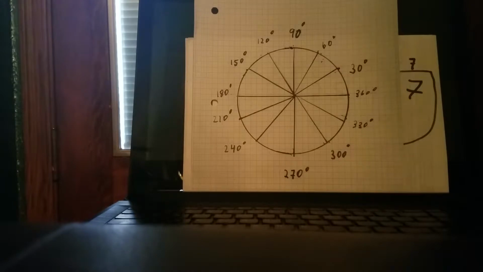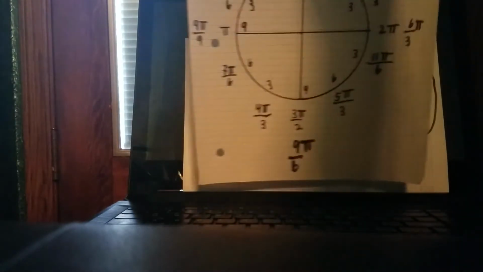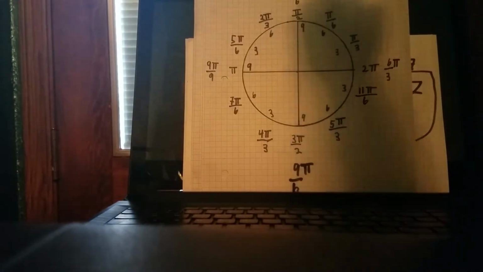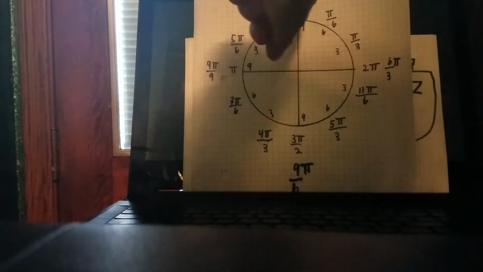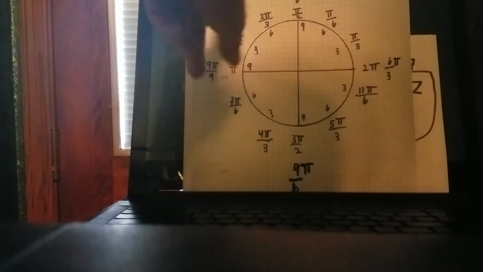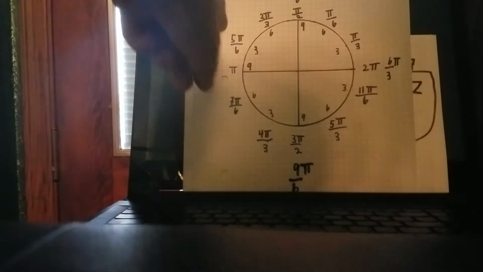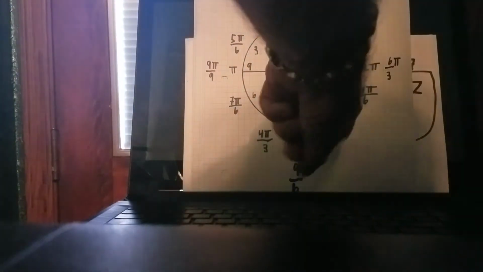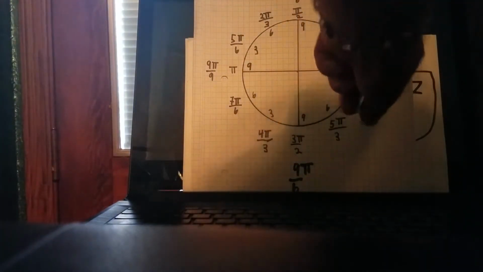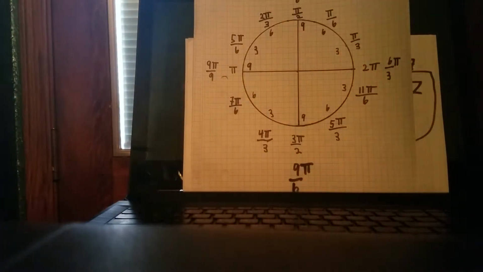Because, for instance, if we take this unit circle and write it this way, conventionally we go pi over 3, pi over 6, pi over 2, 2 pi over 3, 5 pi over 6, pi, 7 pi over 6, 4 pi over 3, 3 pi over 2, 5 pi over 3, 11 pi over 6, and 2 pi, which is exactly the same thing as doing it with the degrees.